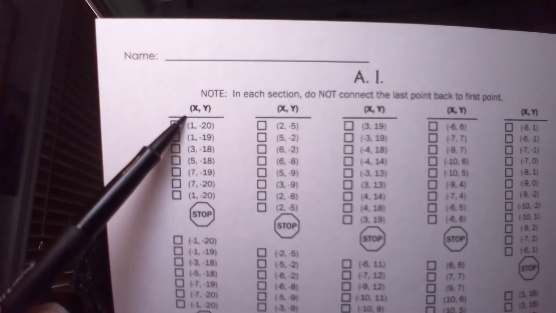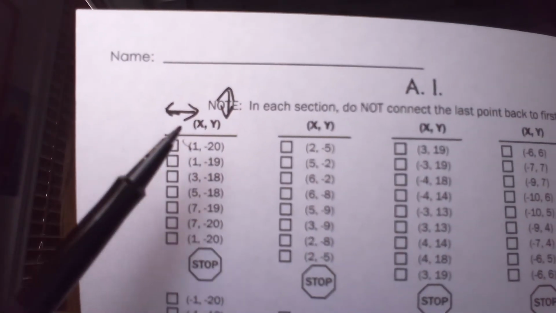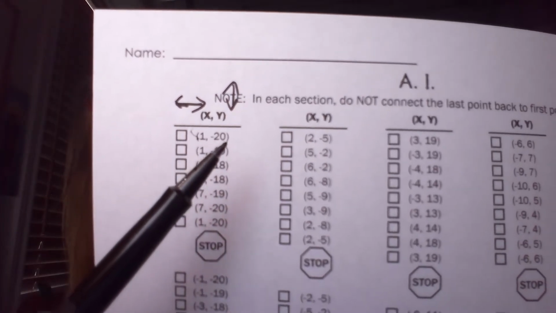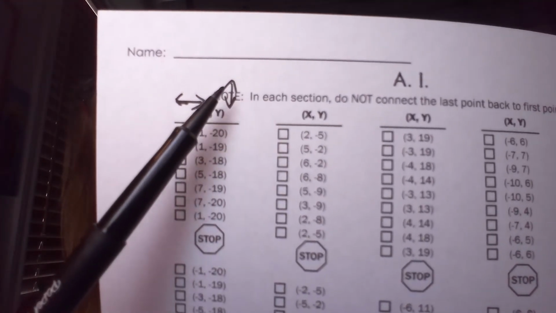So remember, my first one is always my side to side. So I can even make myself a note up here in the top, right on top of the word note, that when I'm graphing, the first one I can only go sideways. The second one I can only go up and down.